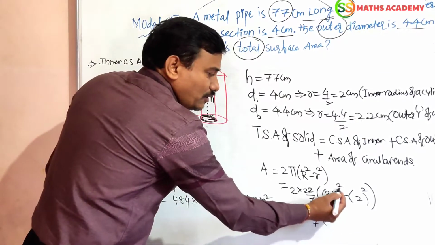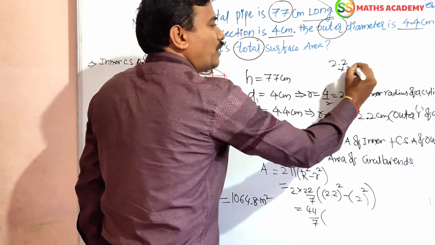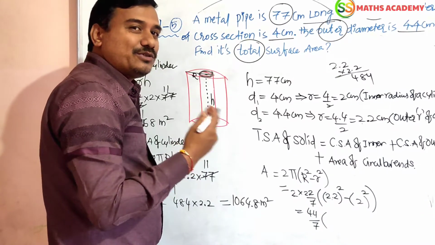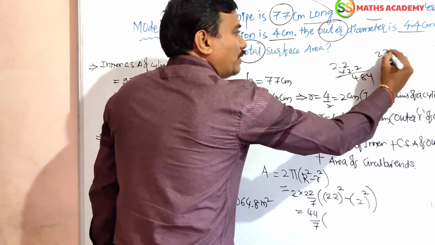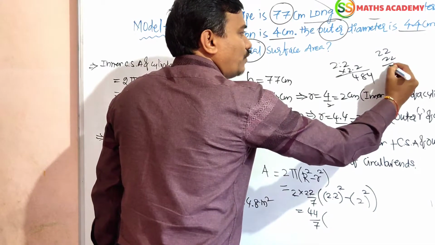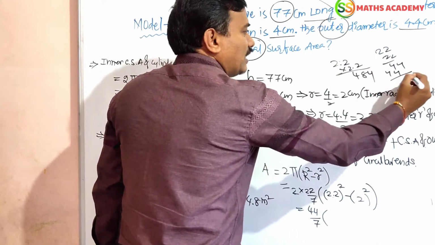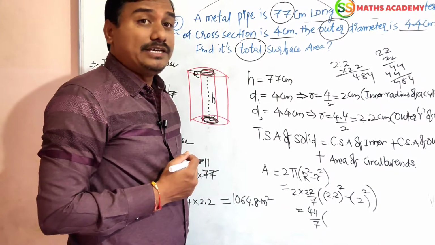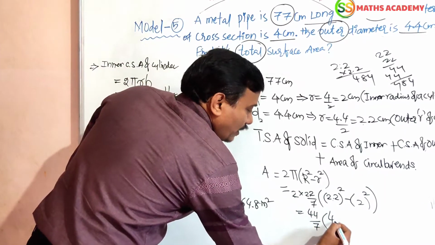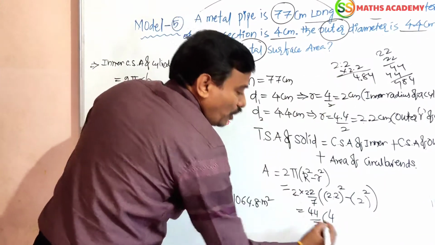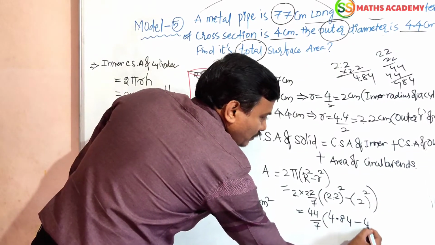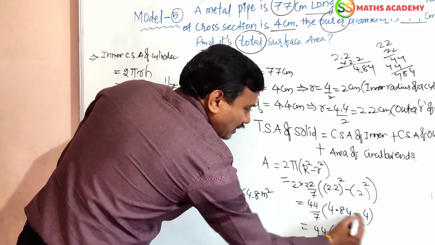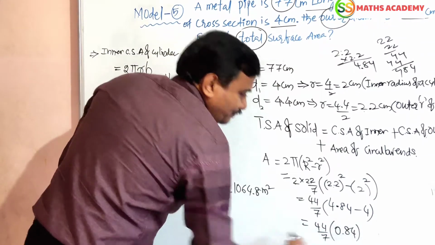Now 2.2 whole square, 2.2 into 2.2 is 484. 2 twos are 4. You can multiply it separately also, no problem, you will get the same value. So keep perfect squares up to 30 in your mind, then the calculation will be very easy. Here, two numbers after the decimal, so keep the point here: 4.84 minus 2 square, that is 4. I should get 44 by 7 into 0.84.